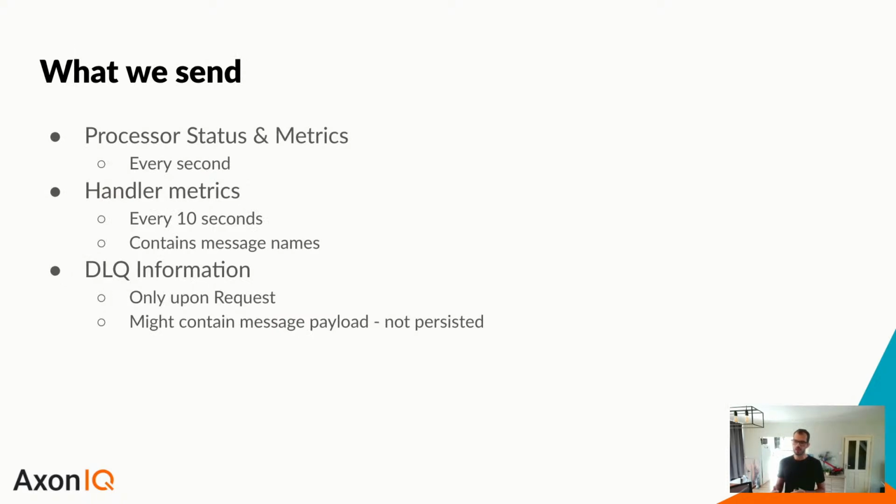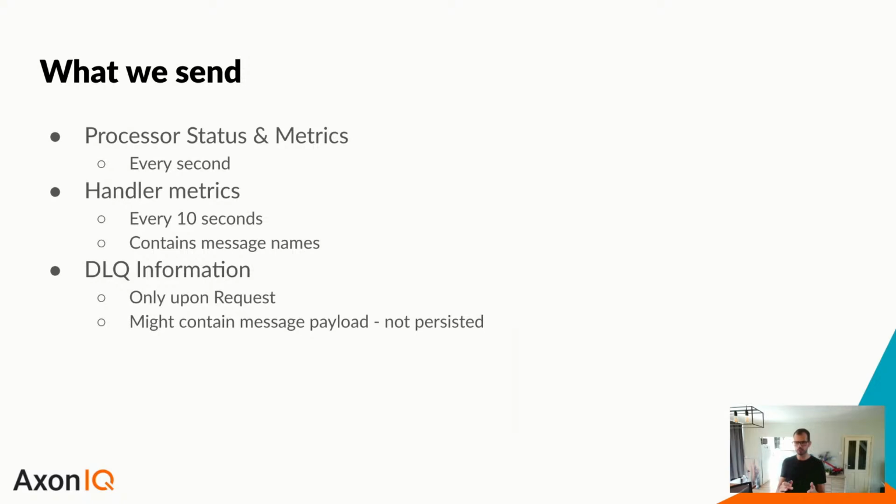So I want to go into for a little bit what we send to Inspector Axon so you can be sure of all the data that's in there. So we send the processor status and metrics every second. This makes sure that the UI is regularly updated for you. We also send every 10 seconds the handler metrics.